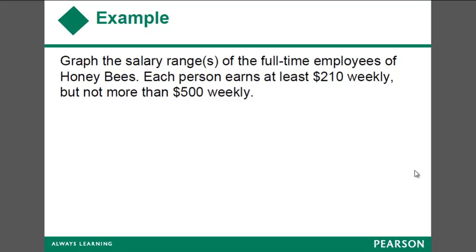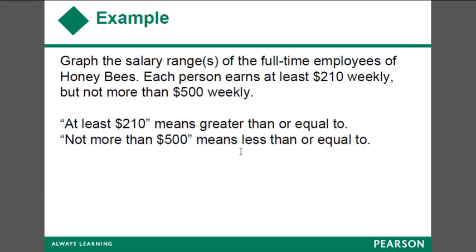Graph the salary ranges of the full-time employees of Honey Bees. Each person earns at least $210 weekly, but not more than $500 weekly. Okay, so at least $210 weekly means greater than or equal to $210, but not more than $500 weekly means less than or equal to $500.